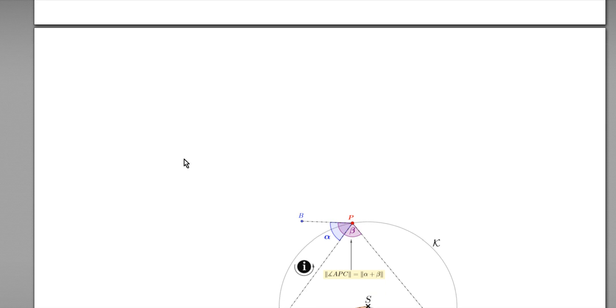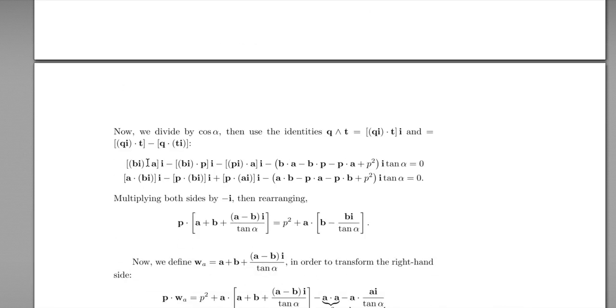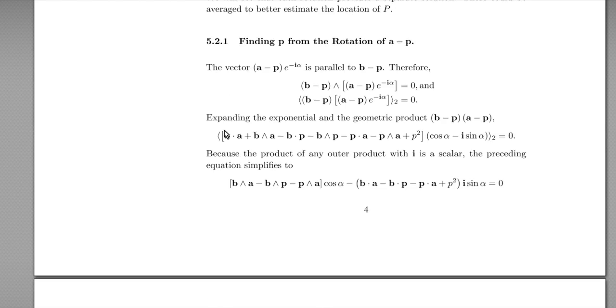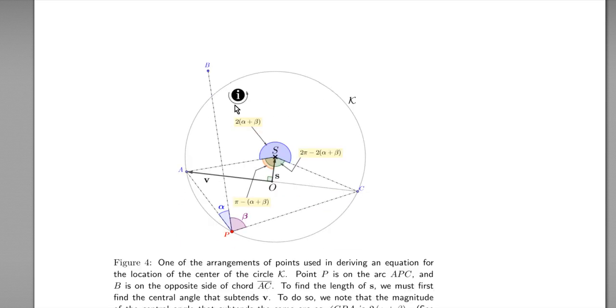And after finding that center, we get down to using the rotations. Finding the vector 2p via an analysis of the rotation a minus p. So that is this rotation, a minus p, rotated into b here.